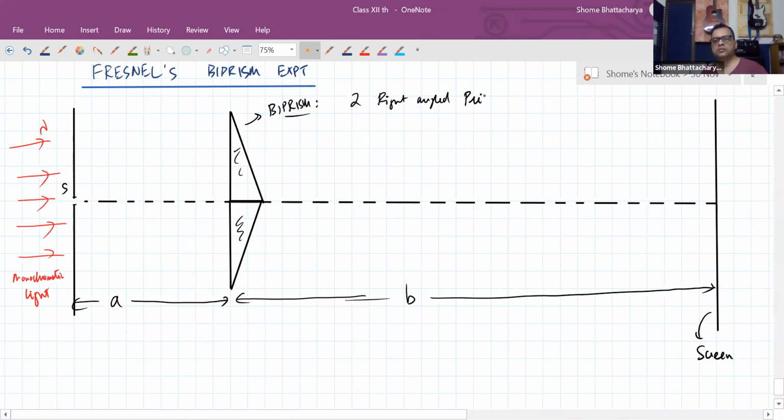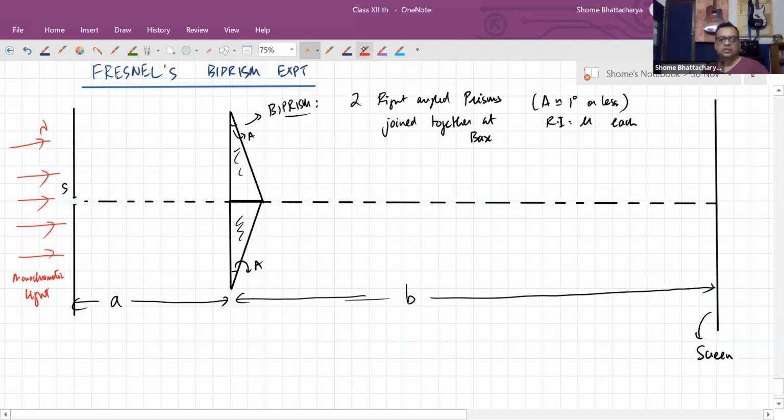Okay. Now they are of very small angle A each. So the angle is typically of the order of 1 degree or less. Very, very small angle prisms. And refractive index mu each. Okay. Joined together at the base, that kind of thing.